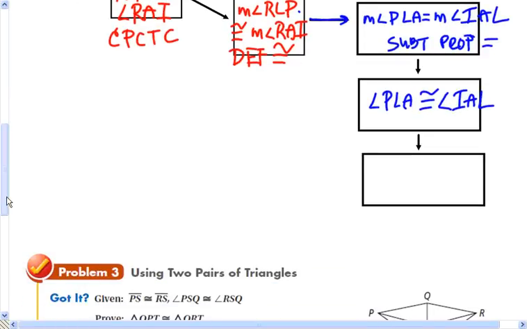And that's just the definition of congruence. And finally, AS is congruent to LS by the converse of the isosceles triangle theorem. There's going to be a second part to this video.